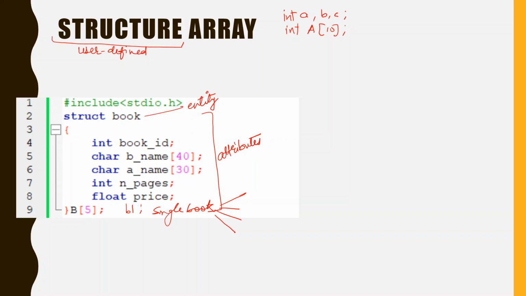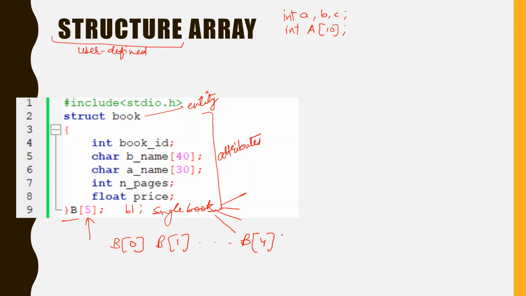Now suppose we don't require a single book, but we require multiple books. Suppose we require 5 books. What we can do is create an array of the struct data type, the structure data type, the user defined data type, so that we can store multiple books together. Here we have created the array of the name B with 5 elements. These 5 elements would be B0, B1 and so on to B4.